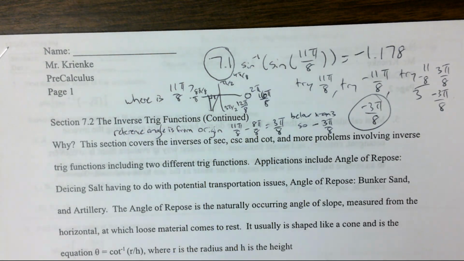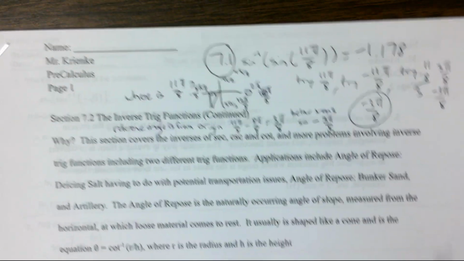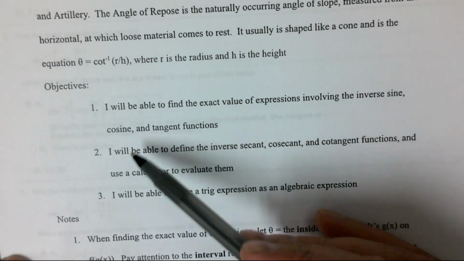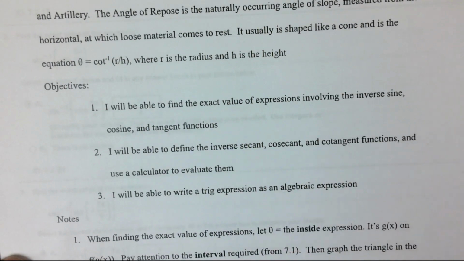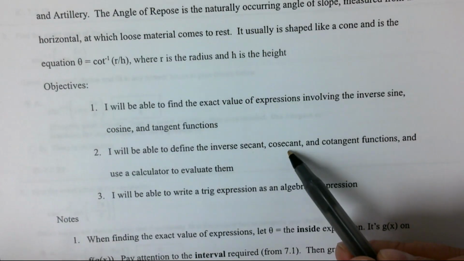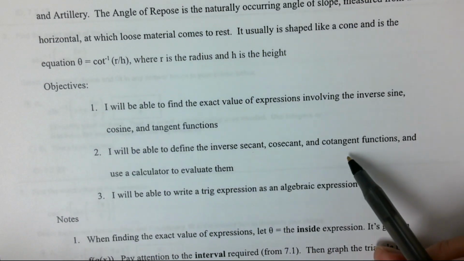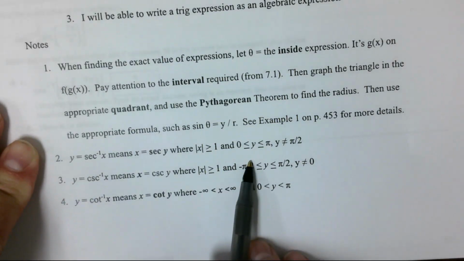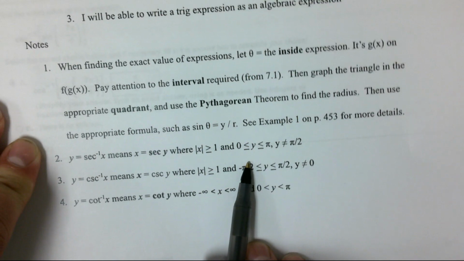Now, on this lesson, we're going to do other ones like inverse sine, inverse cosine, inverse tangent, as well as inverse secant, inverse cosecant, and inverse cotangent, and using the calculator. So these are your areas where it's defined.